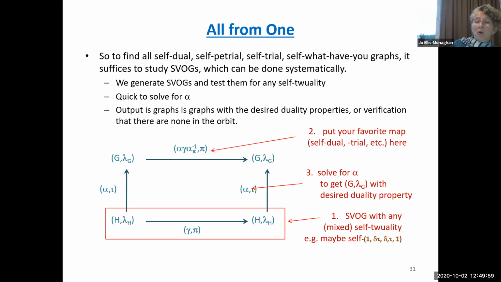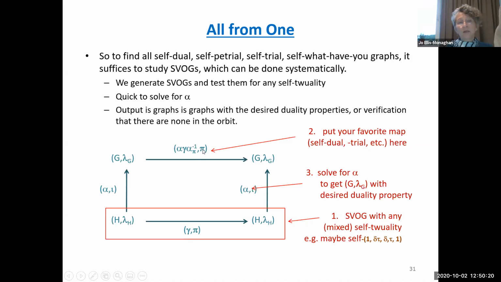And now what we do is down on the bottom, you take any single vertex graph with any kind of self-duality, doesn't matter. You're just glad that you found some kind of self-duality. You put it down here. You put the kind of duality that you want up here.